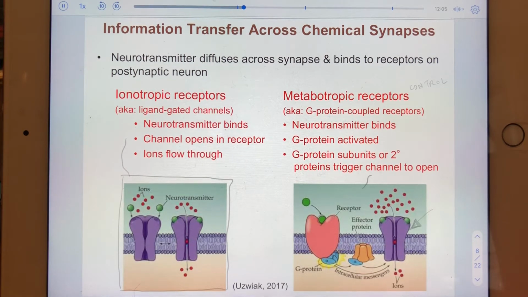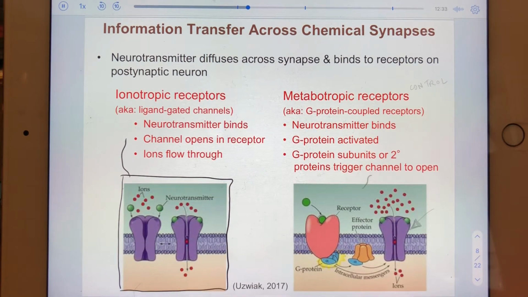It might be a metabotropic receptor. Okay? If it binds to an ionotropic receptor, then what it binds to is also going to act as an ion channel. That's actually what we've been using as our model thus far. Okay?